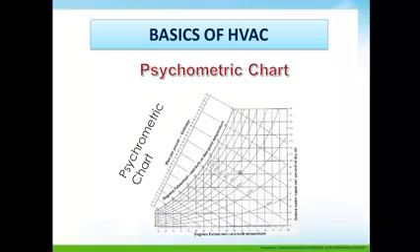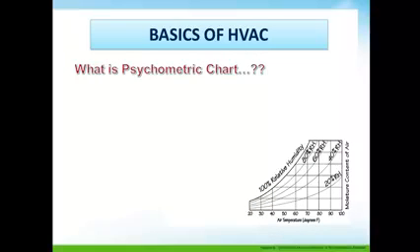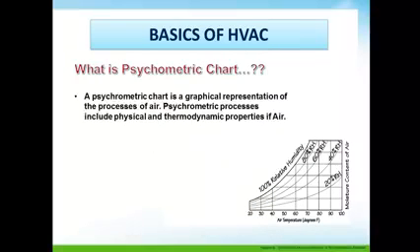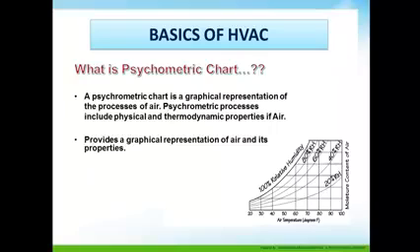Psychrometric chart. The psychrometric chart is an important tool to identify air properties. A psychrometric chart is a graphical representation of the processes of air. It includes physical and thermodynamic properties of air.